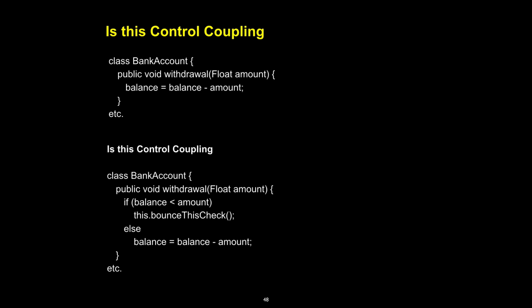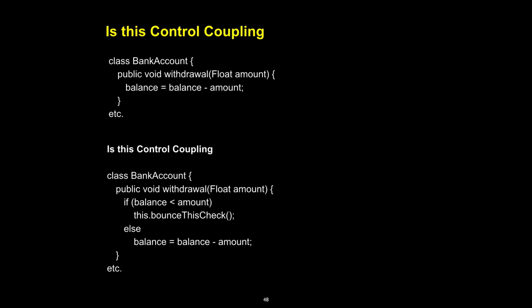I'm just saying, here is the withdrawal, and if it's valid, do it. Otherwise, tell me it's wrong, right? We're not passing the amount to try and control what it does. That's not the intent. So this is not control coupling.